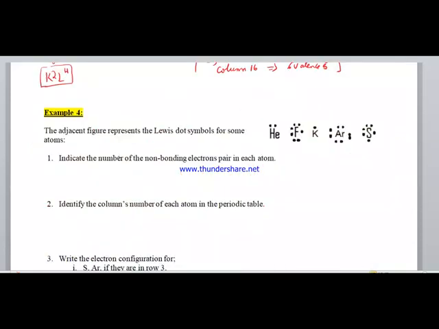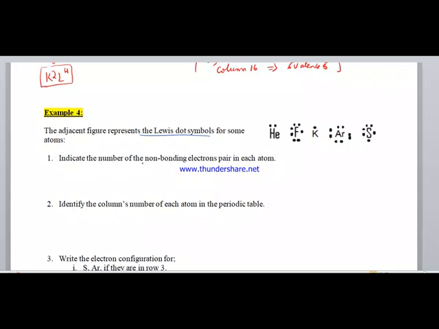Okay, let's continue with example 4. In example 4, we have the Lewis dot symbols of some chemical atoms: helium, fluorine, potassium, argon, and sulfur.